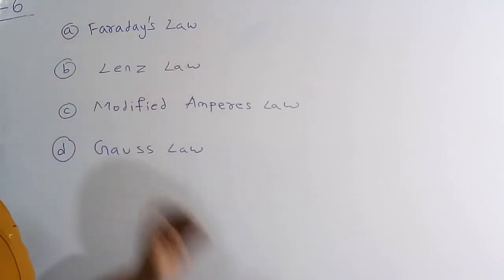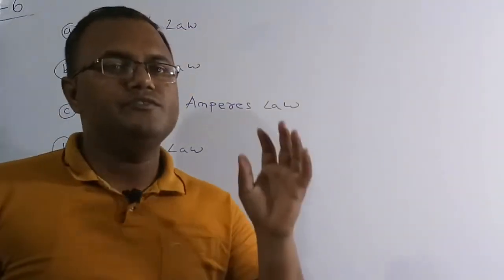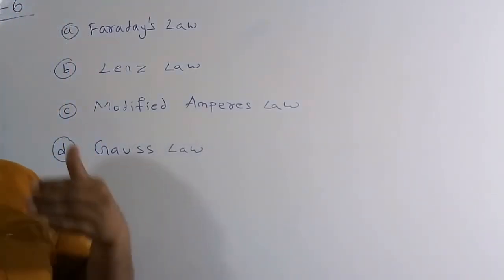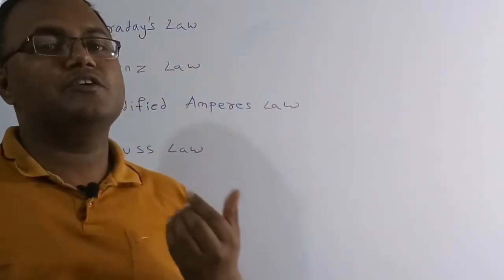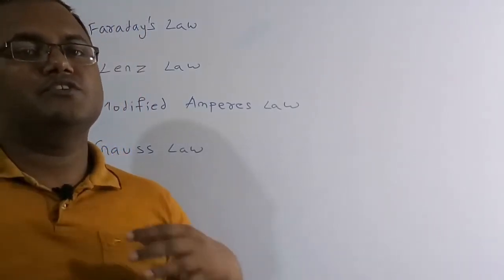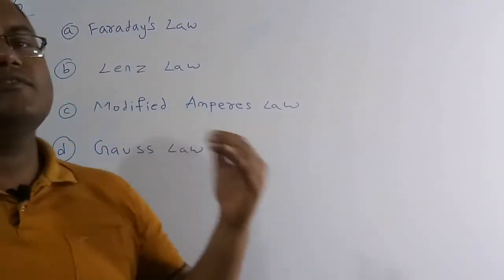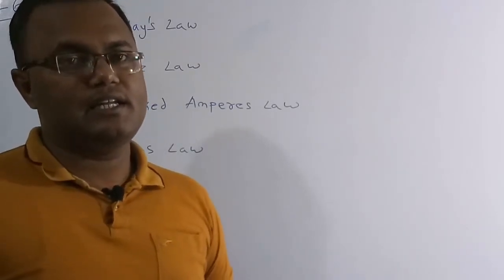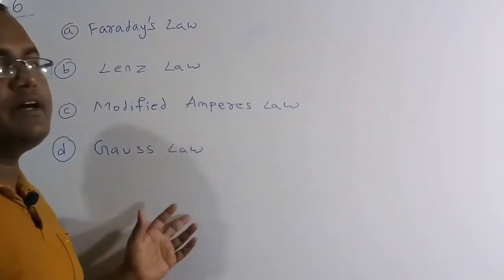See, Faraday's law gives an expression for the amount of EMF induced whenever there is a rate of change of magnetic field. Whenever there is a rate of change of magnetic field, an electric field is produced in a conductor. That we know as Faraday's law.